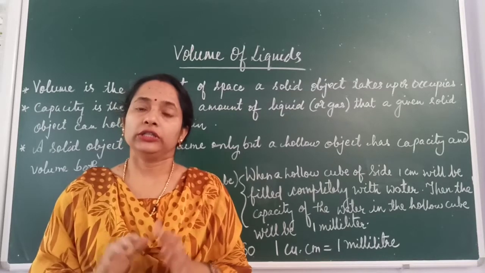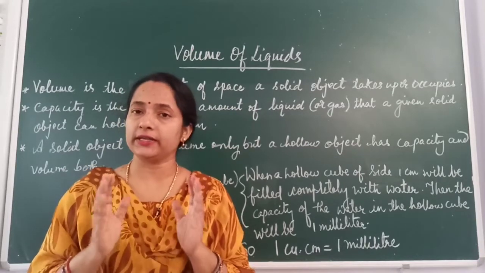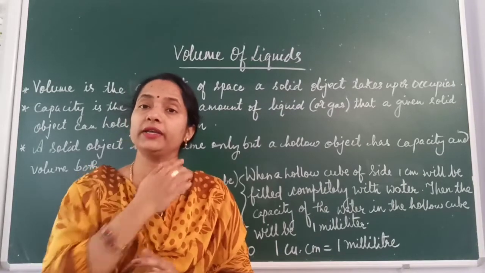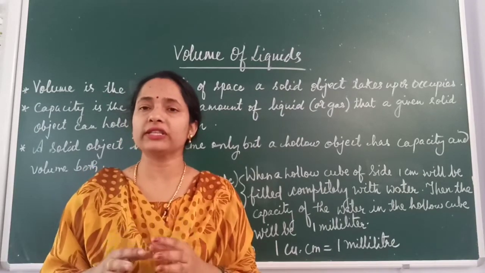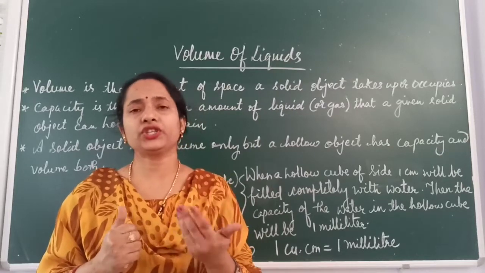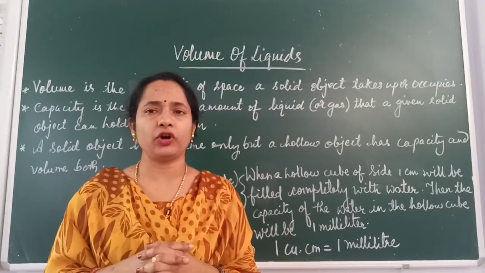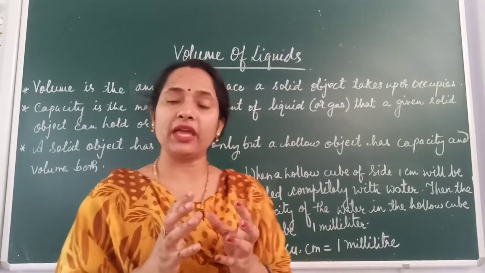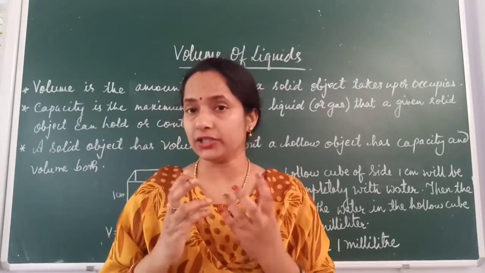Now we know how to find the volume of a cube and cuboid, whereas how can we find the volume of the liquid? For this, first of all, we have to go for the definition of volume. What do you mean by volume? Volume is nothing but how much space is being occupied by a solid object.